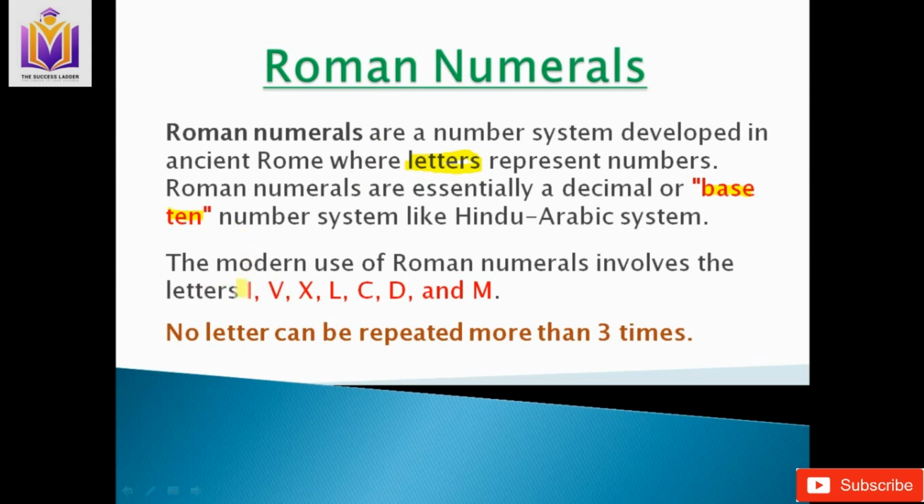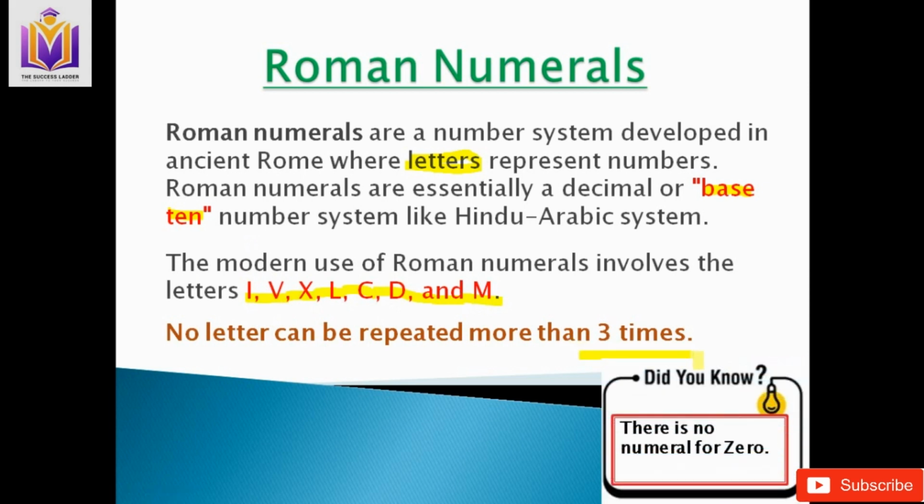And in modern use, we use these letters to write the Roman numerals, like I for 1, V for 5, X for 10, L for 50, C for 100, D for 500 and finally M for 1000. And here is a rule that no letter can be repeated more than 3 times.